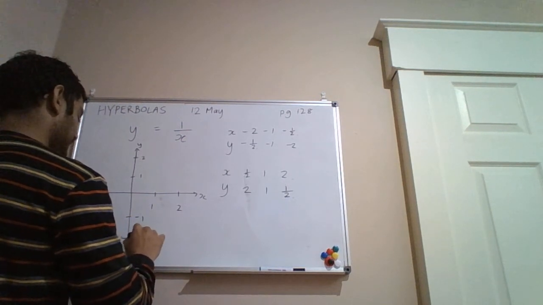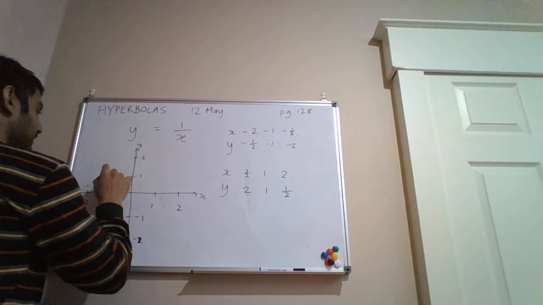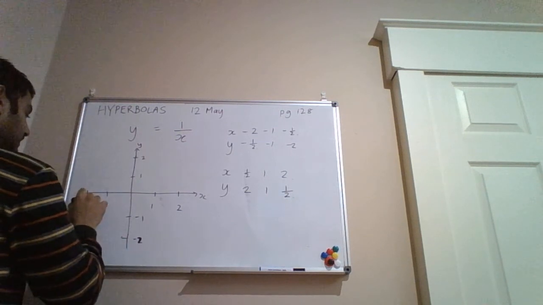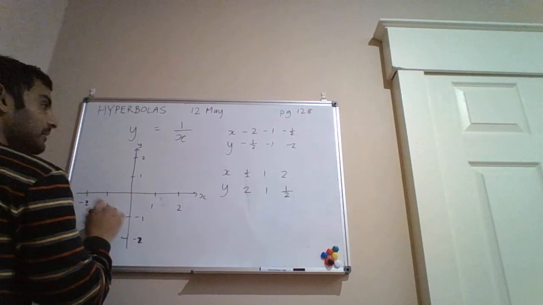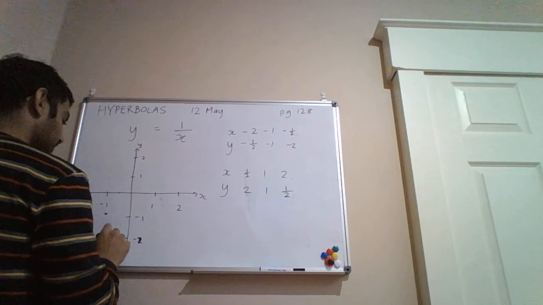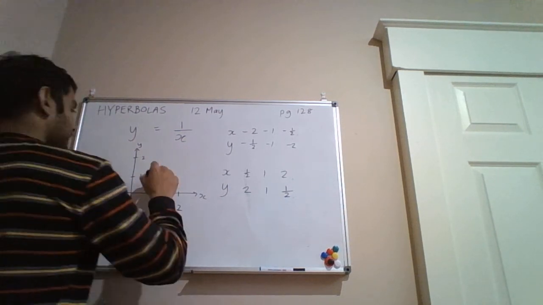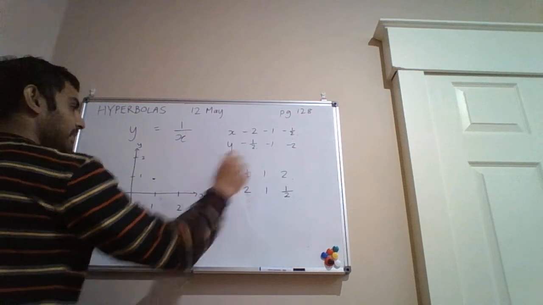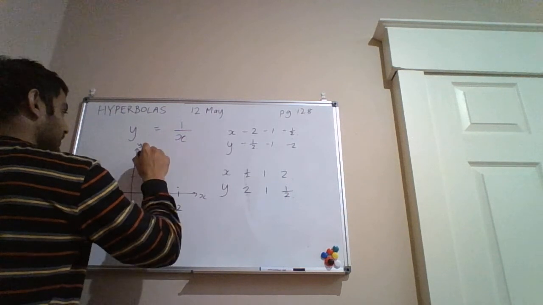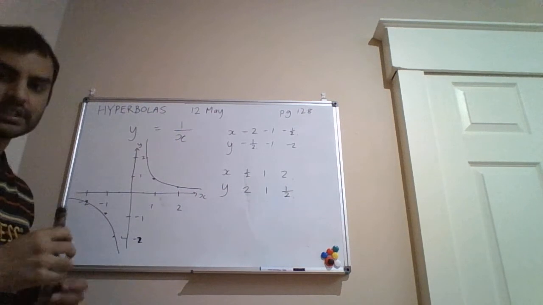So -2, -1/2; -1, -1; and -1/2, -2. Our lower branch looks like this, and then we have 1 and 1, 2 and 1/2, and 1/2 and 2. So our upper branch looks like that.